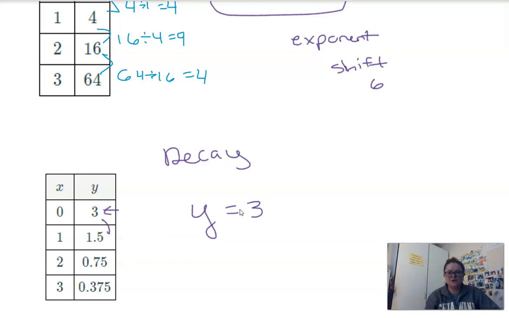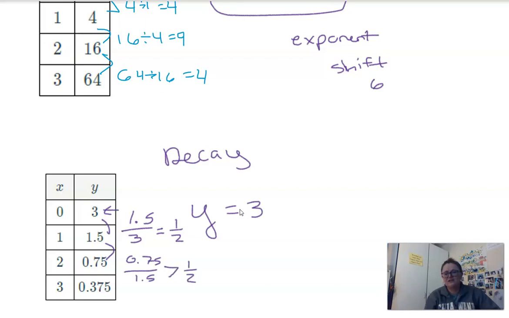So you do 1.5 divided by 3 in your calculator, which is actually a half or 0.5. Either one will work. And then do it again: 0.75 divided by 1.5. You should get a half again, and so on and so forth.